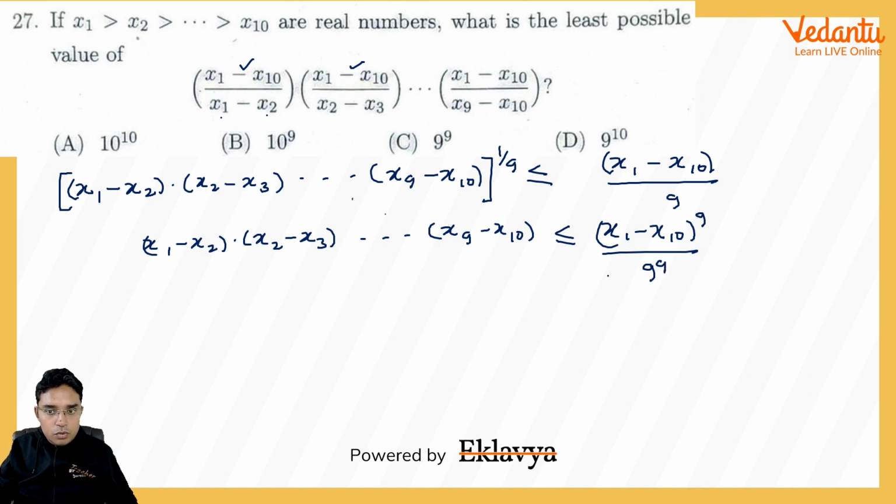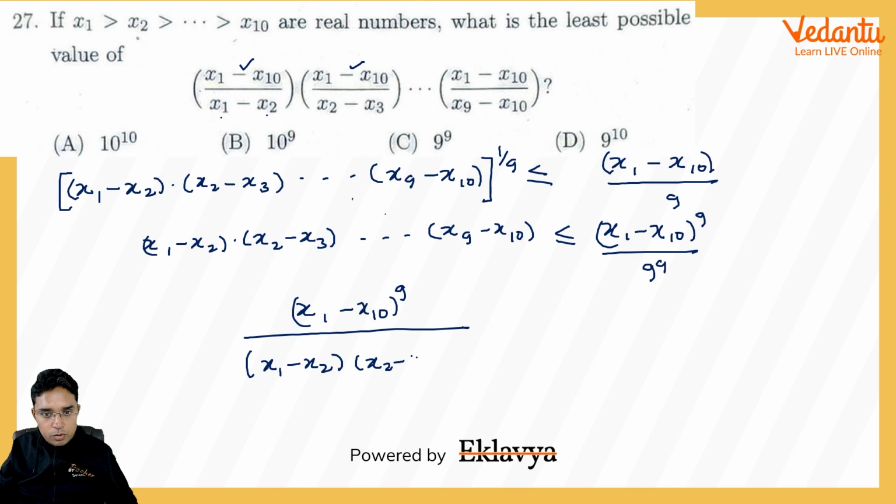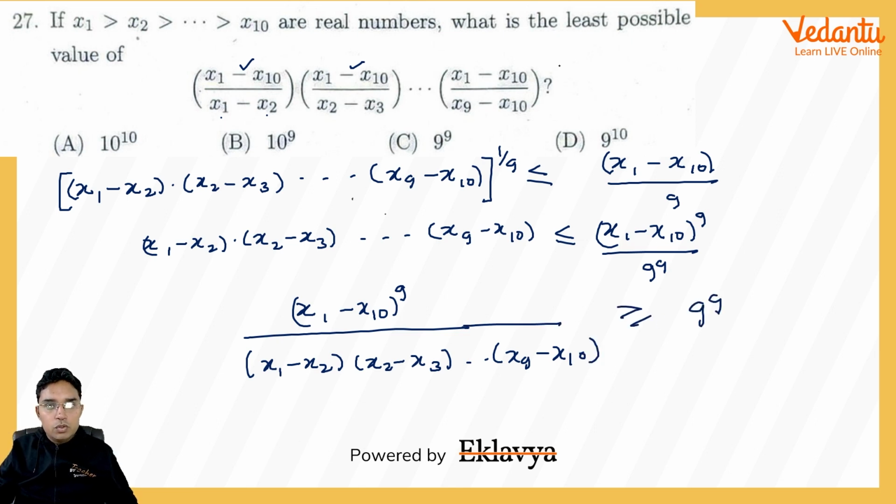Okay, so I think we have got the answer. x1 minus x10 power 9 divided by this, all terms are positive, so I can do this kind of multiplication with this inequality also. So this will be greater than or equal to 9 power 9. So the least possible value will be 9 power 9, that is C is the answer.